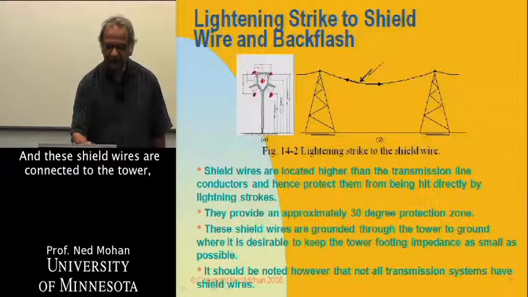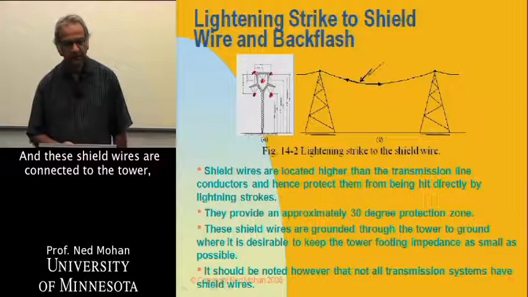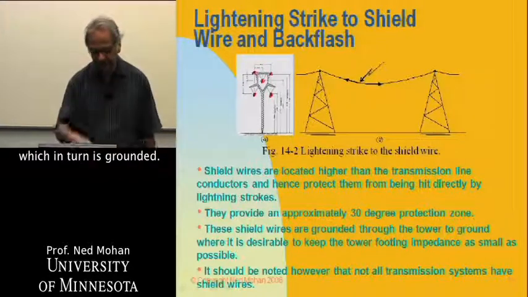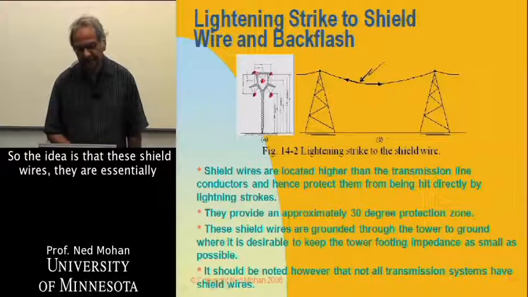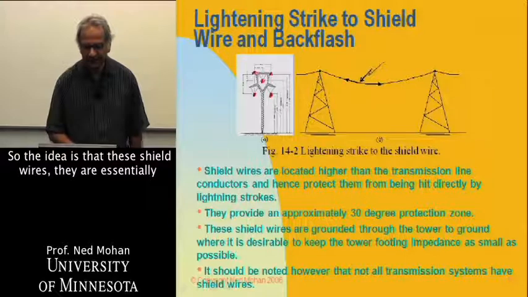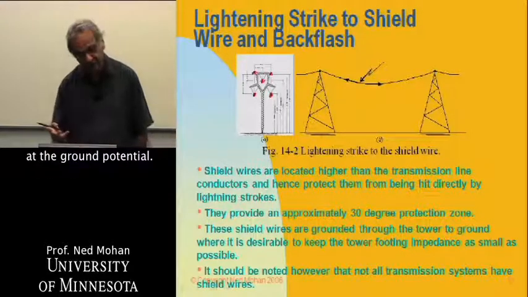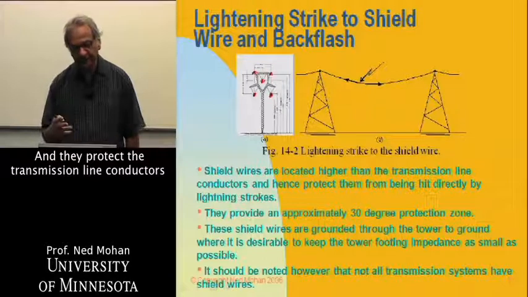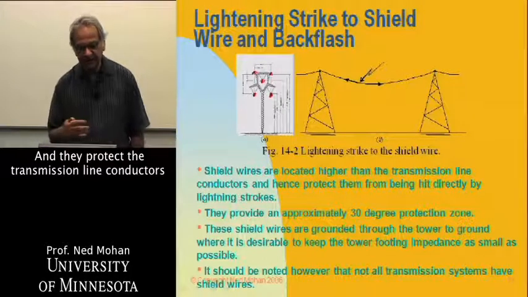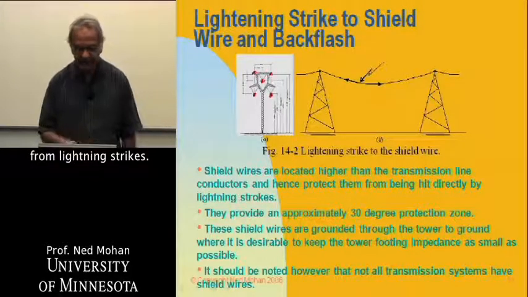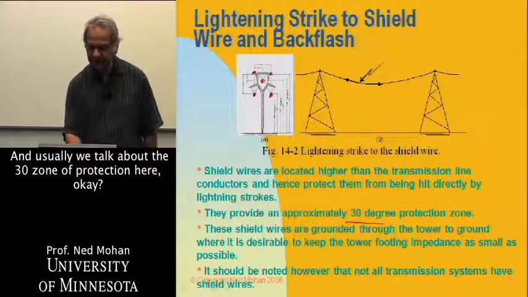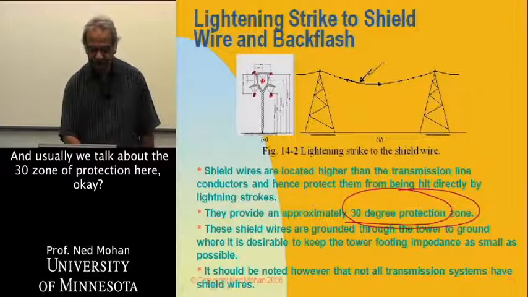And these shield wires are connected to the tower, which in turn is grounded. All right, so the idea is that these shield wires are essentially at the ground potential, and they protect the transmission line conductors from lightning strikes. And usually we talk about this 30-degree zone of protection here.